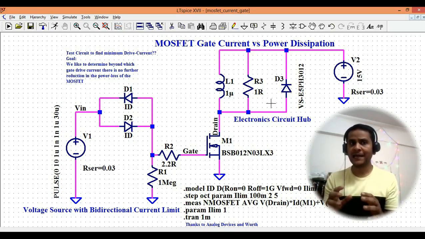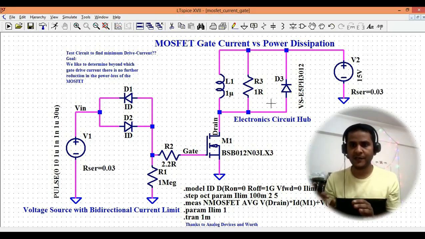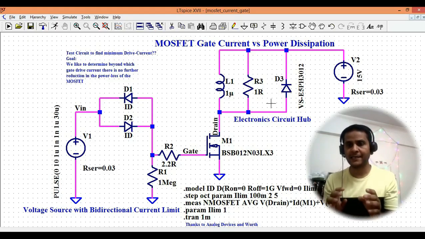We would like to determine beyond which gate driver current there is no further reduction in the power loss of the MOSFET. So what is the minimum amount of gate current required to dissipate less power, less energy in the MOSFET, and we are going to simulate it, because sometimes we are not worried about the gate current, and gate current is one of the critical parameters which you need to take into your consideration for designing any MOSFET based circuit.